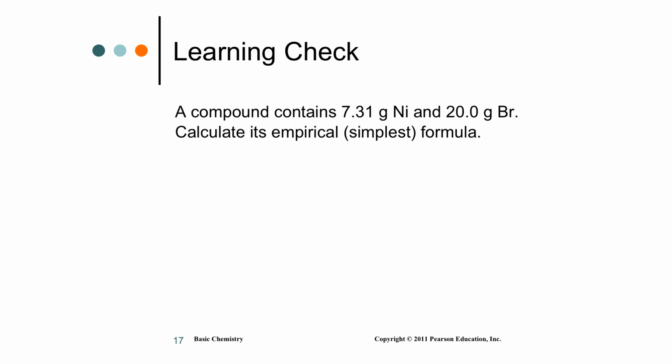So in order to get a weight into a number, I'm going to go from grams to moles, and that's the molecular mass. We've done molecular masses in the past.